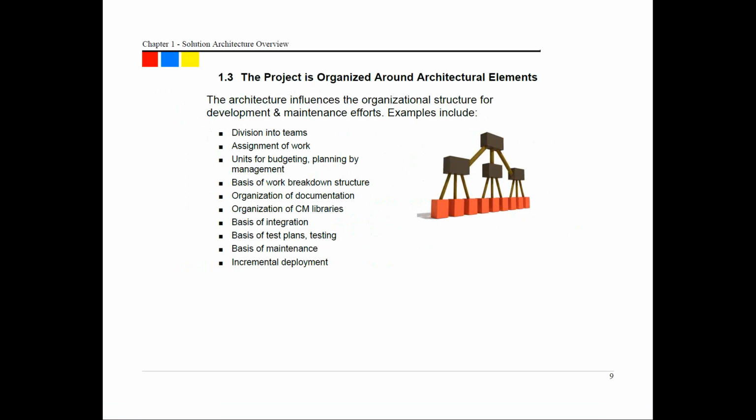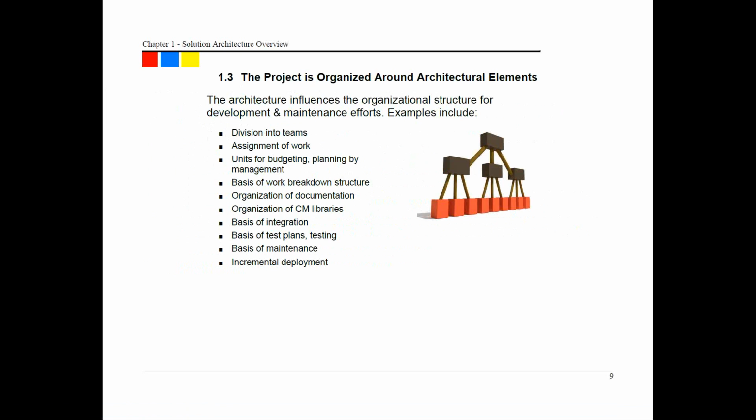Quite frequently, we end up with a project where the actual implementation effort is organized around architectural elements. This is because the decomposition of a large system into subsystems, and into components and frameworks within those subsystems, gives us a natural work breakdown structure.